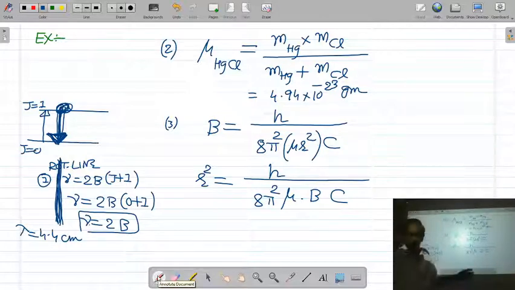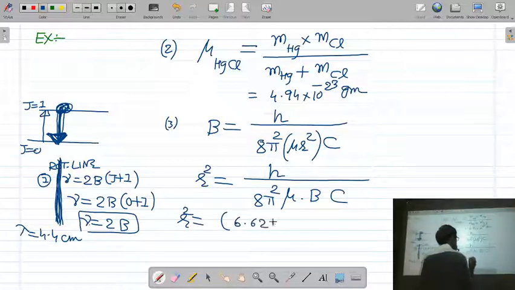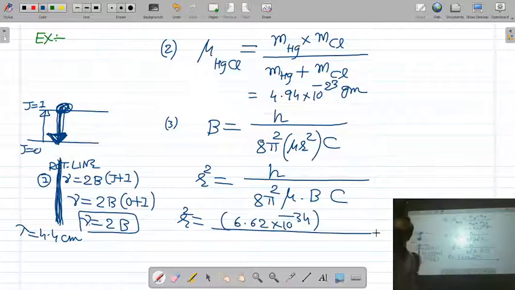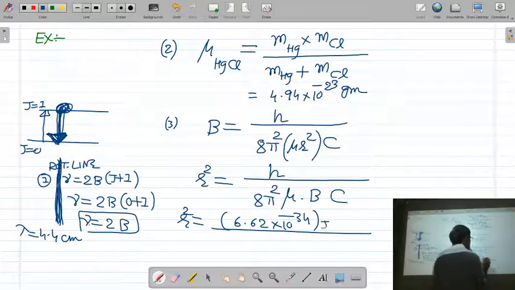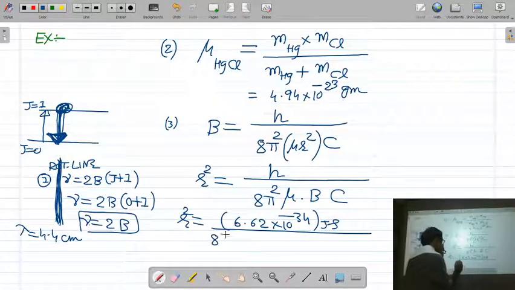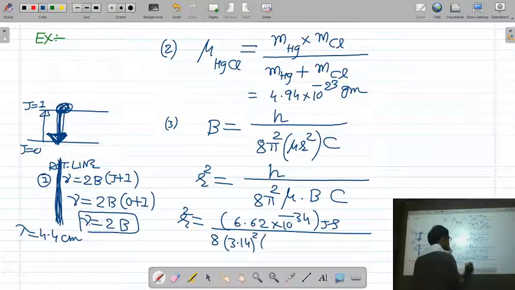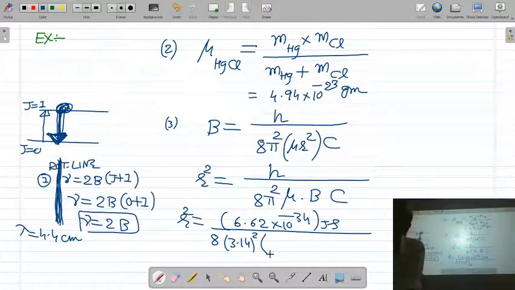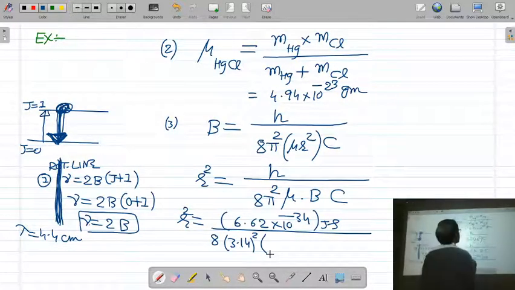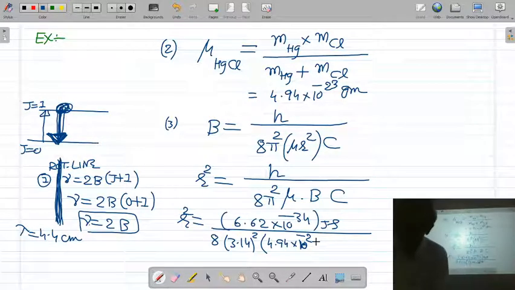You know the Planck constant h is 6.62 into 10 to the minus 34 joule second. 8 pi square is 8 into 3.14 square. The reduced mass we have just calculated is 4.94 into 10 to the minus 23 gram; in kilogram, it is 10 to the minus 26.